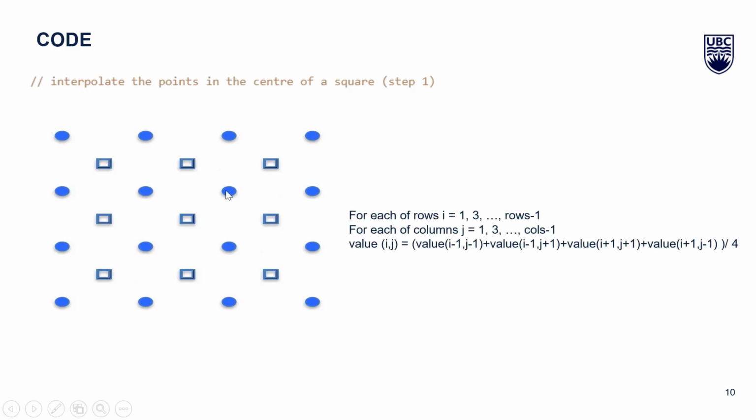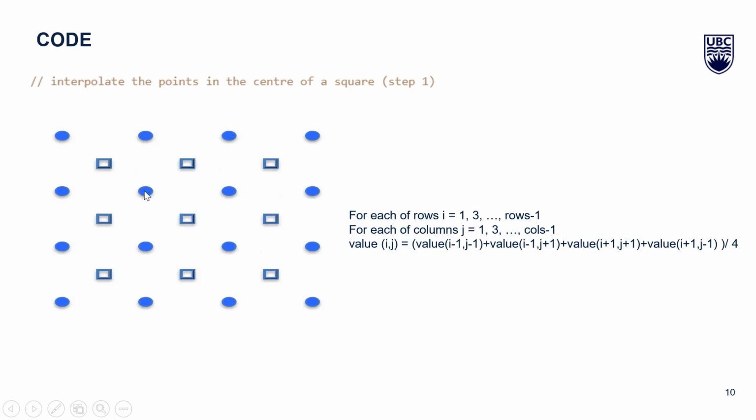For example, if this point is in row i and column j, its value will be the sum of the value of the point in row i minus 1 and column j minus 1, plus the point in row i minus 1 and column j plus 1, plus the point in row i plus 1 and column j plus 1, plus the point in row i plus 1 and column j minus 1.